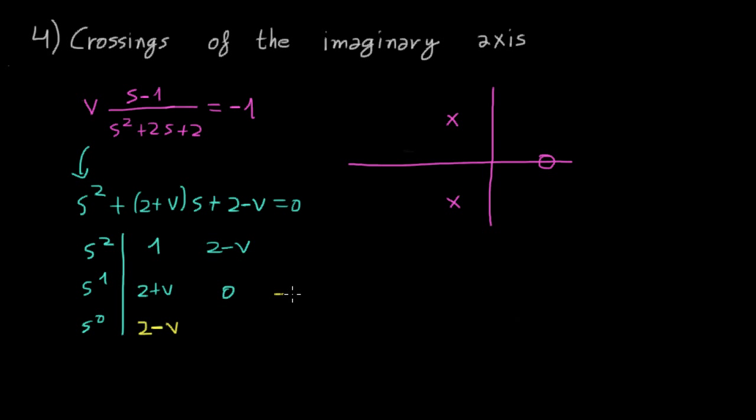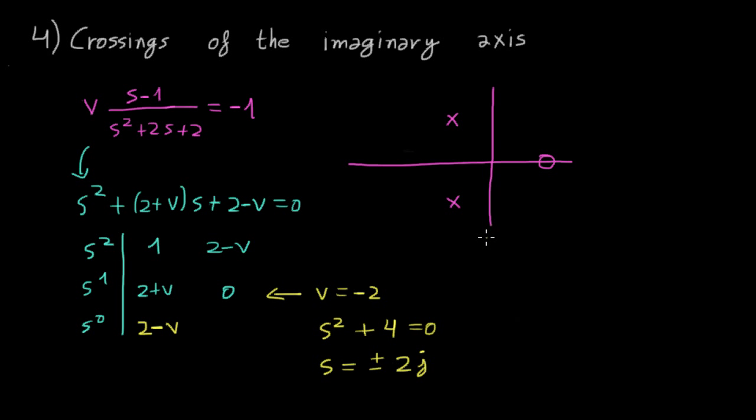So as you see, for v equal to -2, this whole row is 0, and the corresponding auxiliary equation is s squared plus 2 minus v, that's 2 minus -2, or 2 plus 2, equal to 0, or in other words, s is equal to plus minus 2j.